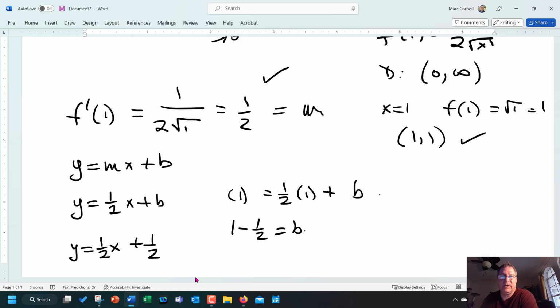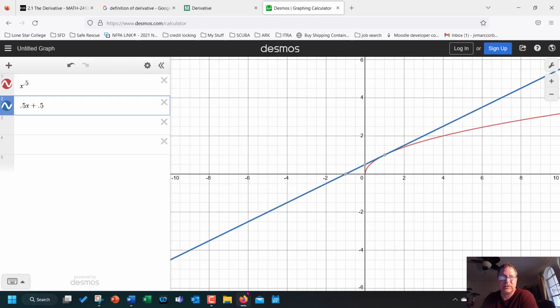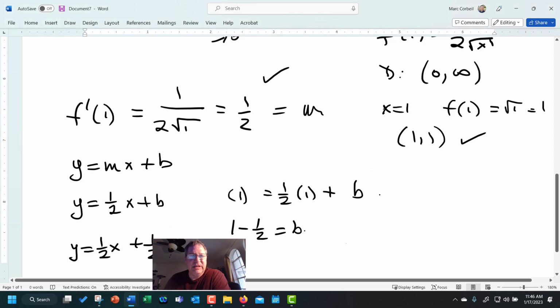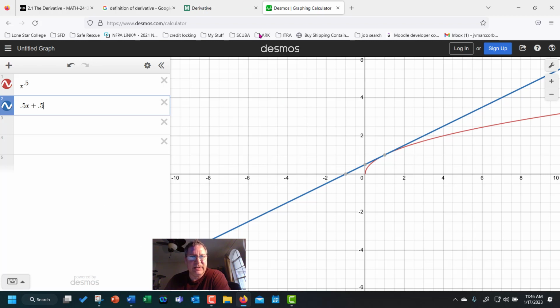So that's exactly what I typed into my function in Desmos. So that allows me to come up with that equation that I'm using here in Desmos to show you the second equation. I use 1/2 x plus 1/2, and I can come up with the equation of the tangent line.